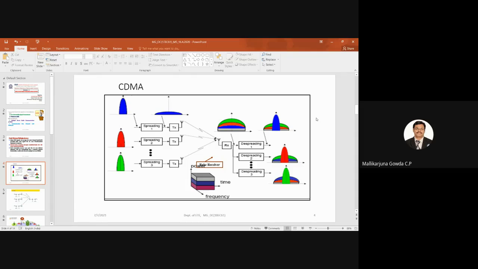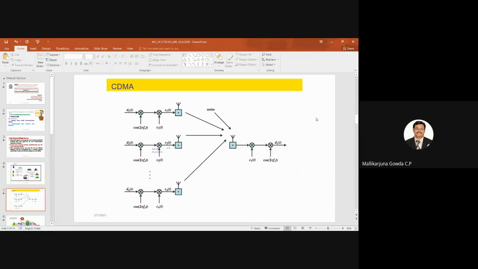To get a detailed understanding, we can think of D1 of t, D2 of t, and so on up to Dn of t as the user information signals. These are spread using the pseudonoise codes C1 of t, C2 of t, and so on up to Cn of t, then modulated, then transmitted over the air.